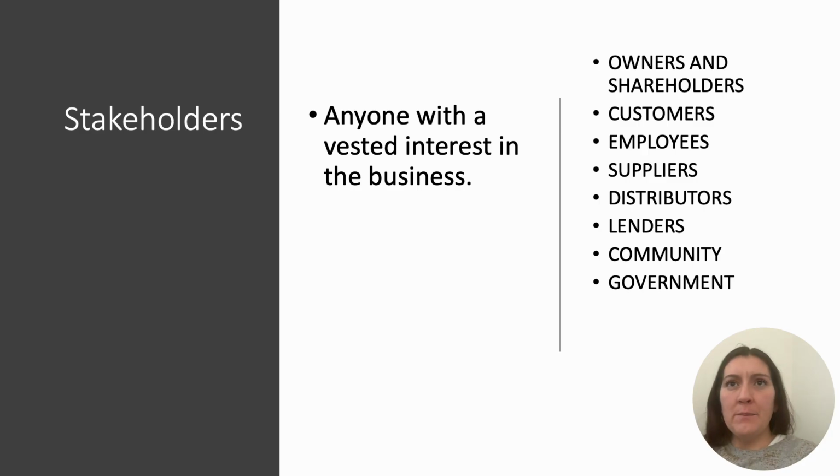A shareholder is somebody who owns a portion of a corporation. They own stocks and bonds in a corporation, or they're an owner of a corporation. They're a shareholder, and they are a stakeholder because they have a vested interest, right? They want some profit. But you don't have to be a shareholder to have an interest in the company.